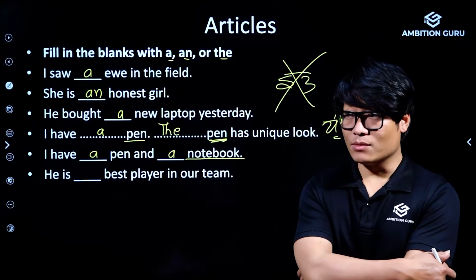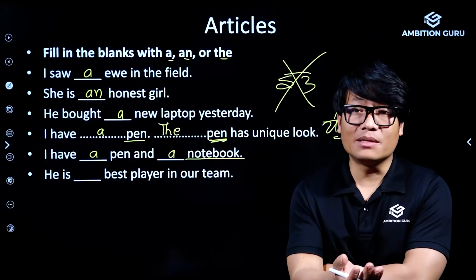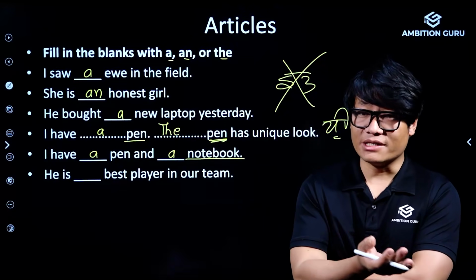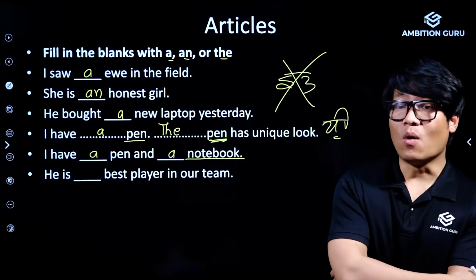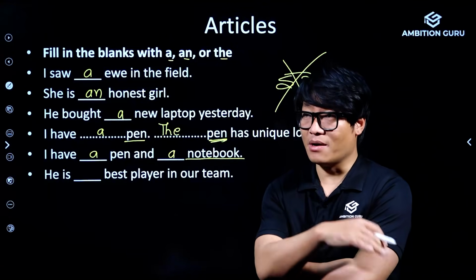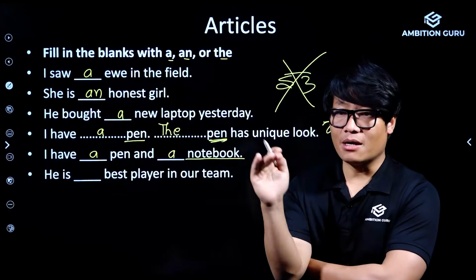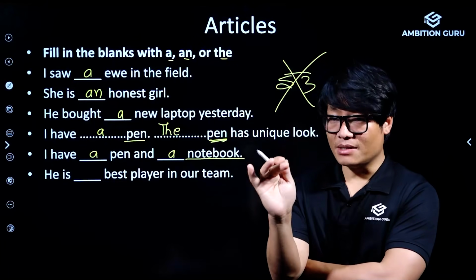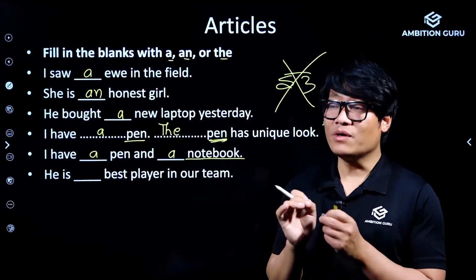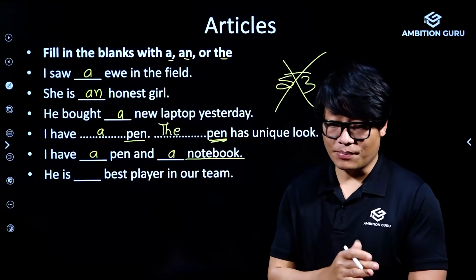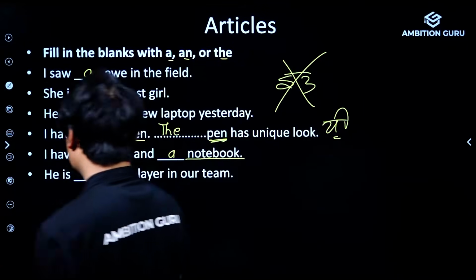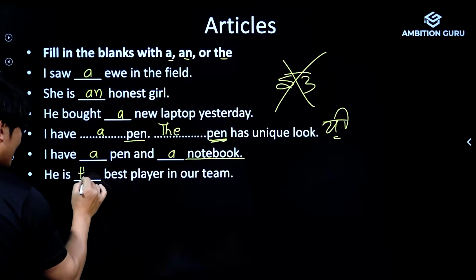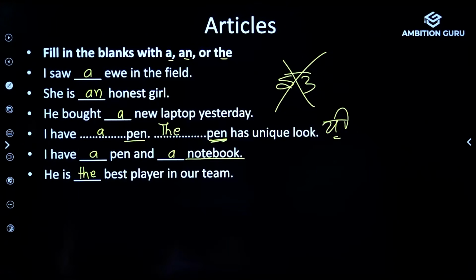So best is what? This is an adjective, but which adjective: positive, comparative, or superlative? Absolutely, best is a superlative, like good, better, best. And with a superlative adjective, we use only one article, that is the. So he is the best player in our team.